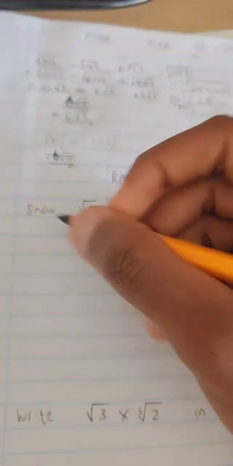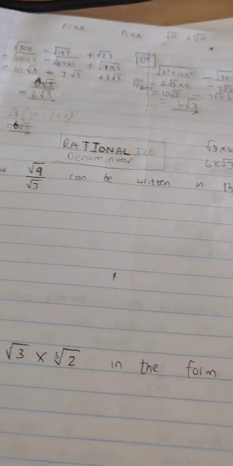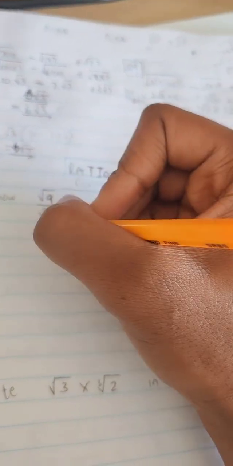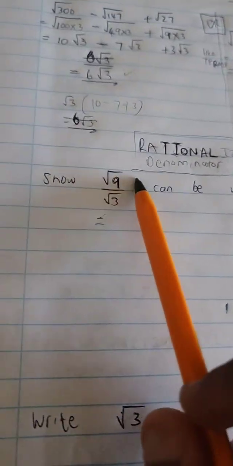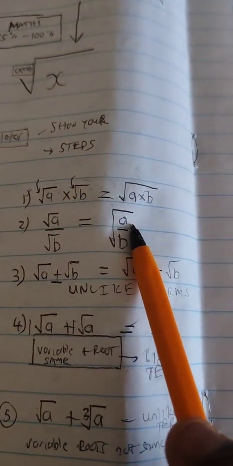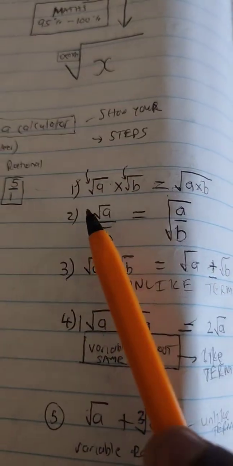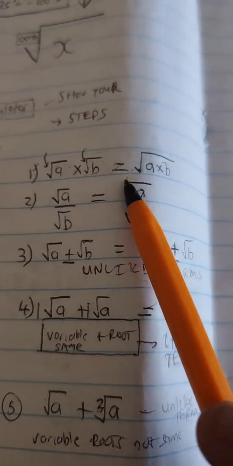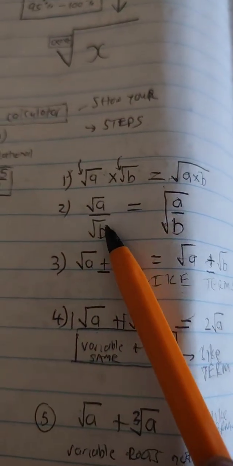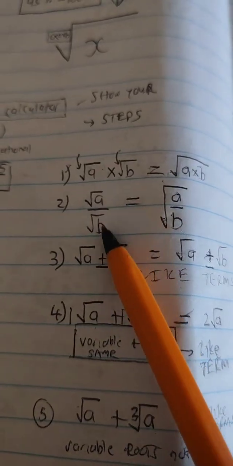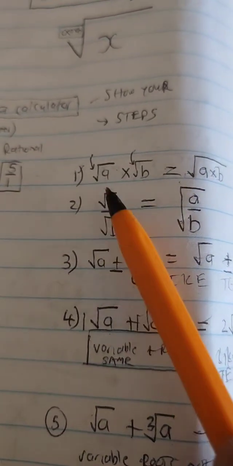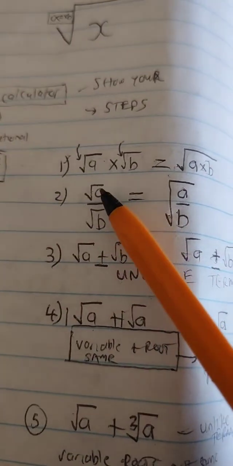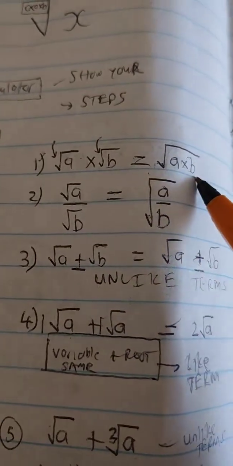So let's come here, and let us simplify this fraction first. According to the laws or the rules, we have the square root of a over the square root of b that can be written as an entire root for both of these, because in division of roots, if the roots are the same, like square root, we can write both a and b underneath one root.